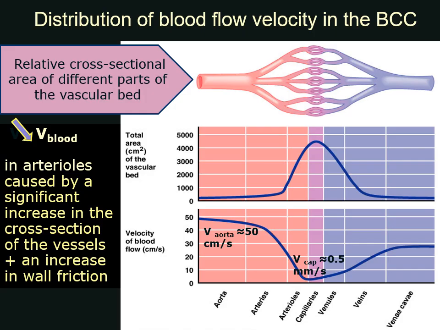I ask you to remember the reasons for the sharp drop in blood flow velocity in the area of the artery-arteriole border. Here in this paragraph, both reasons are indicated, for which there is a sharp speed drop. The first is a significant increase in the total cross-sectional area, that is, the area provided for filling with blood, and the second condition is an increase in wall friction.